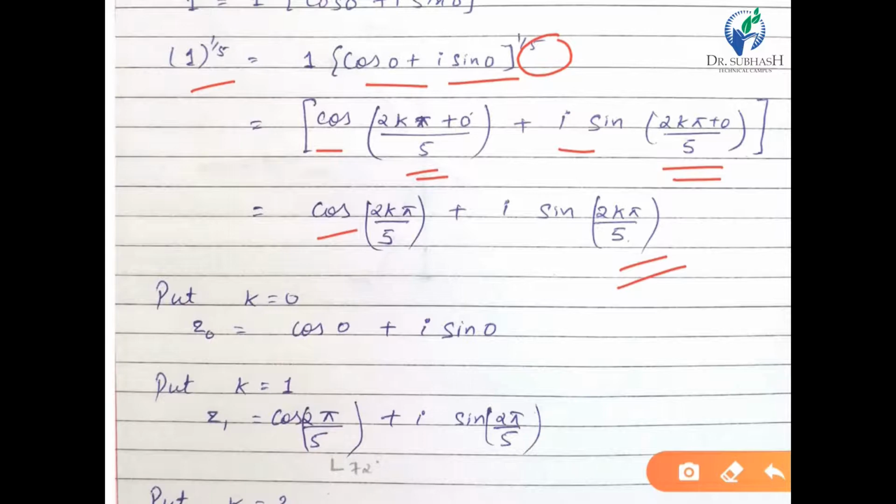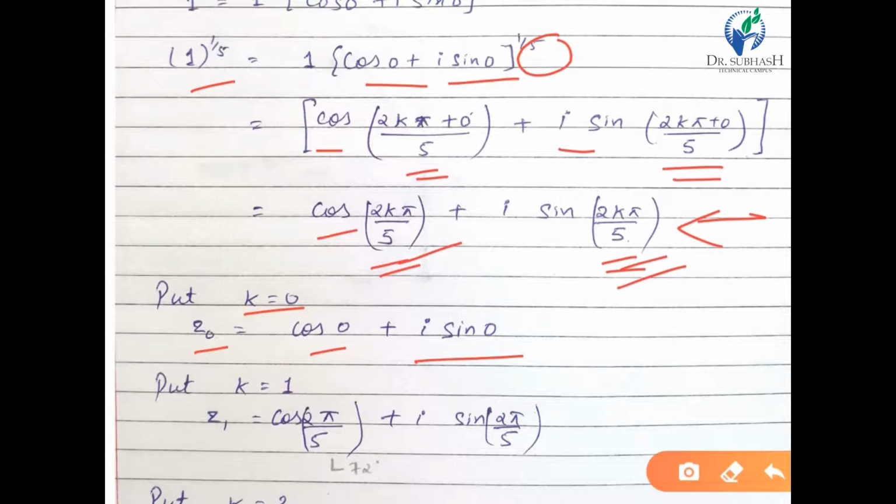We will put these values of k in this equation. First we put k equal to 0. So we get z0 equal to, this term will become 0, this term will become 0, so cos 0 plus I sin 0.